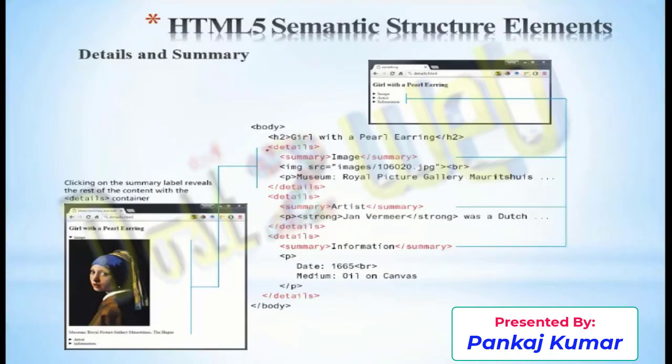Close the details tag. The similar way, if you want another details, then another details, summary, artist, some tag. Like this way, you can define the details and summary for any image or any content. That is actually the details and summary tag.